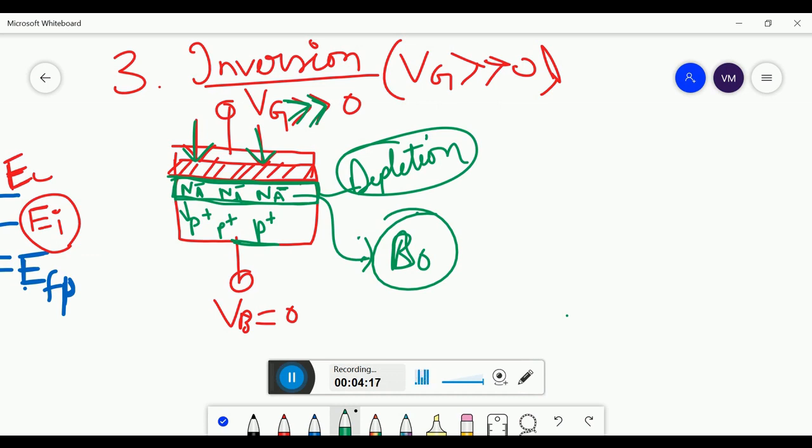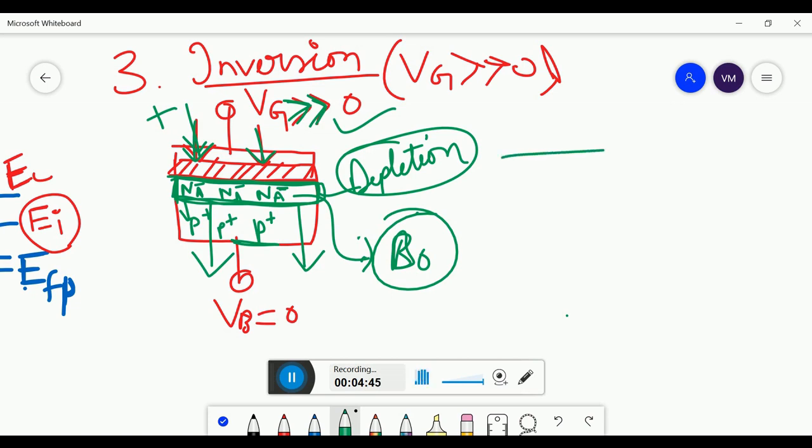So this entire depletion layer consists of acceptor type impurity of negative type. Please remember, negative ion. Now what are you applying? You are applying a very high positive voltage, and this will move the depletion layer downwards.